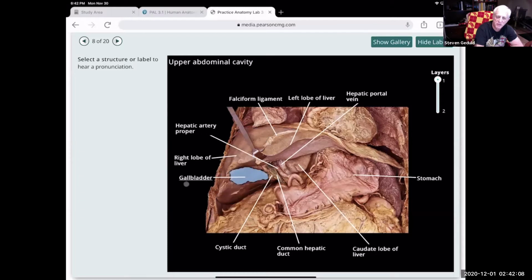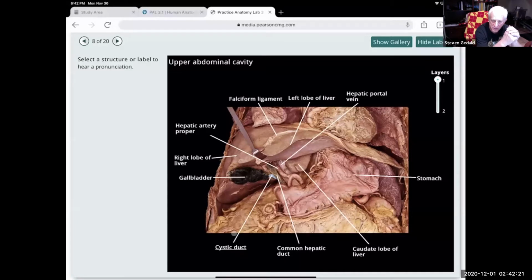That's your gallbladder. And connecting the gallbladder to the common bile duct is the cystic duct. That's the duct that runs into the gallbladder. Then you got your common hepatic duct, which is the feeding from the liver and the gallbladder into the duodenum through the common hepatic duct.